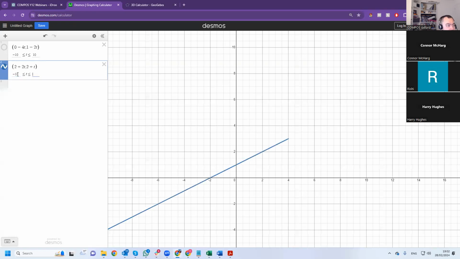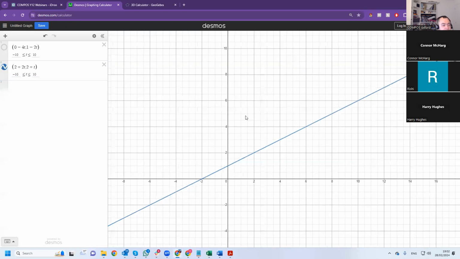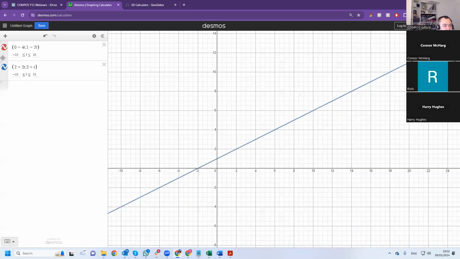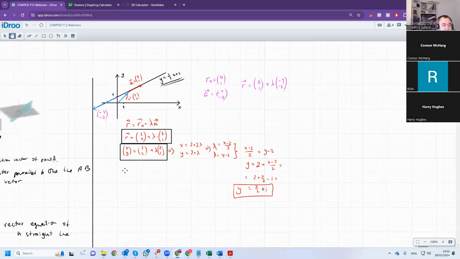Minus 10, 10. Look at that. They're the same line. Even though they're written differently, it's the equation of the same line. So you can have different equations.